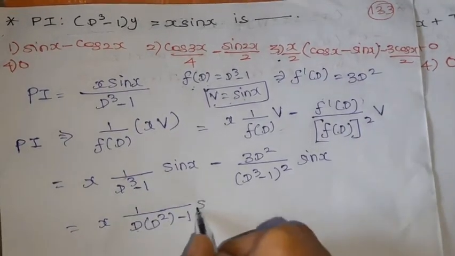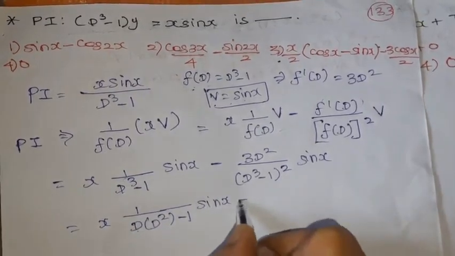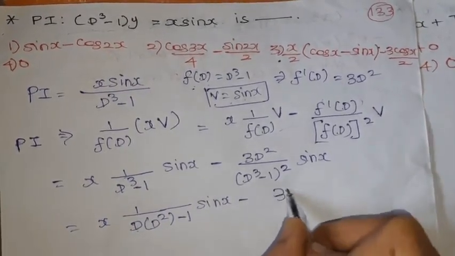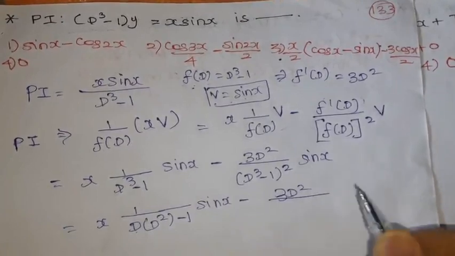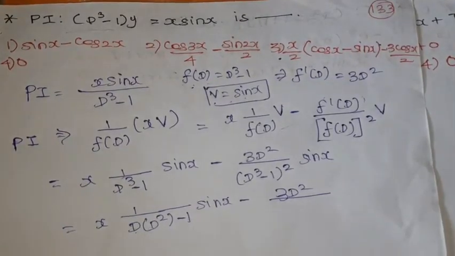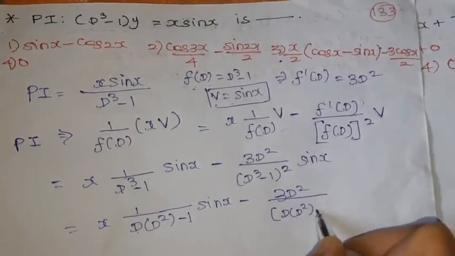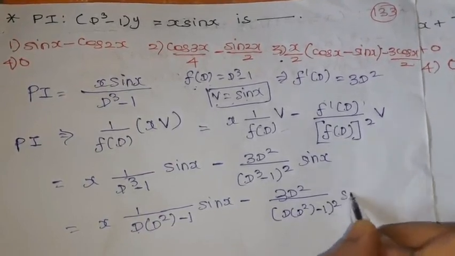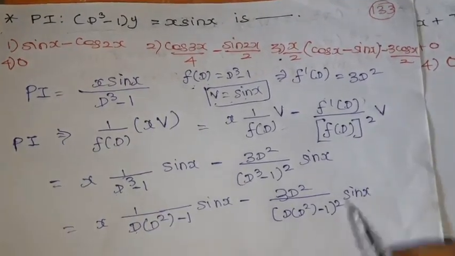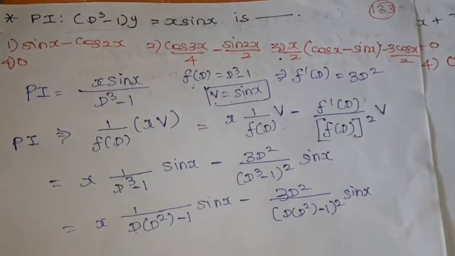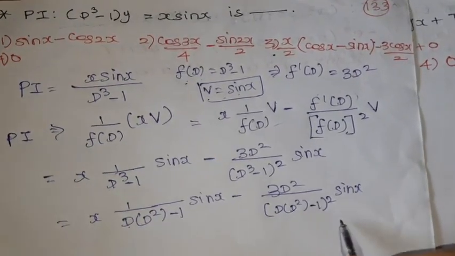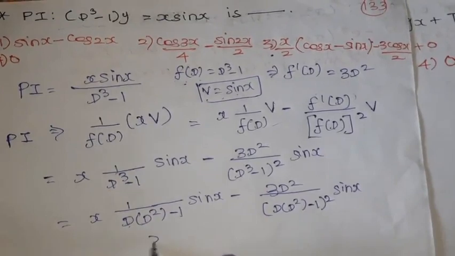Why? Because whenever a sine function comes, we should replace D squared equal to minus alpha squared. Here also the same thing: in the denominator D cube we can write as D into (D squared minus 1) the whole squared into sin x. Now we can replace D squared with minus alpha squared, for sin alpha x.